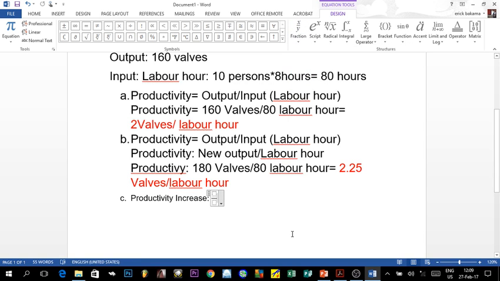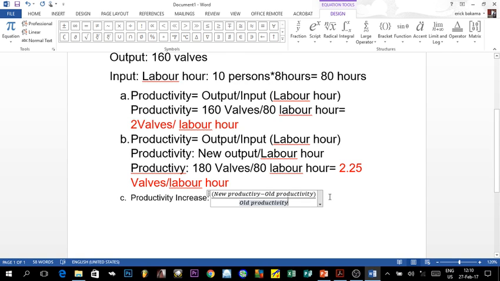Then that productivity increase will be, first of all, in brackets, the new productivity minus the old productivity, then we divide by the old productivity.